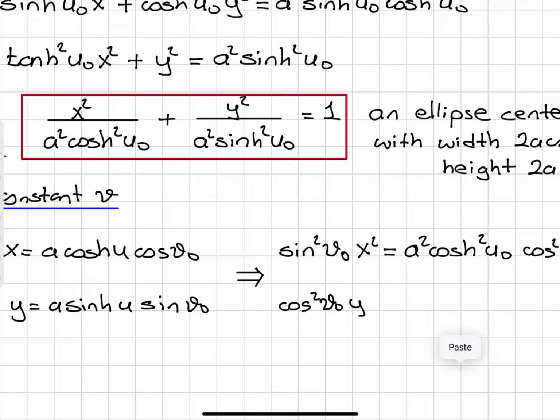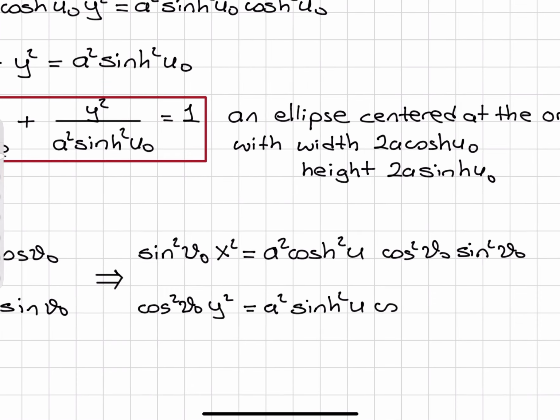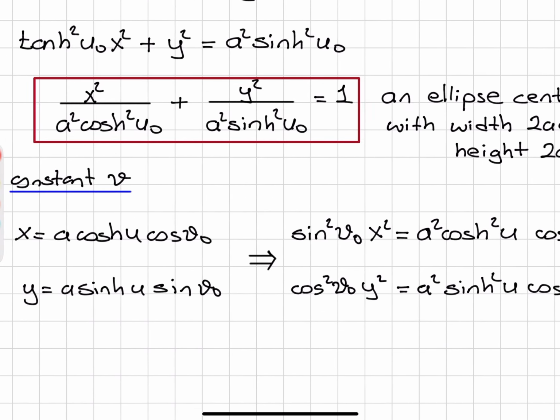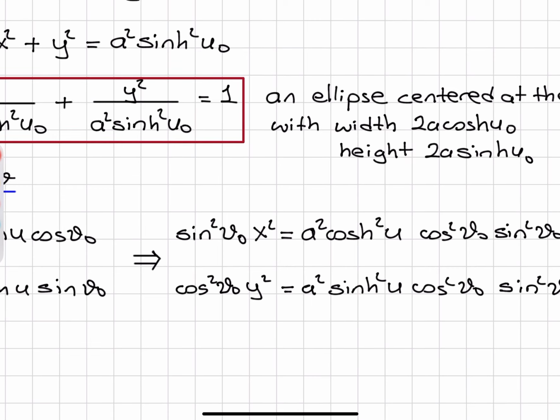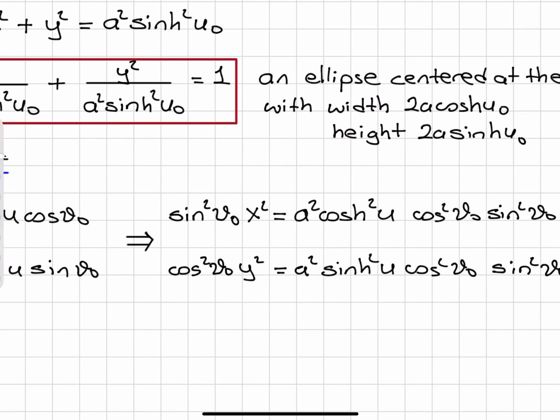So cos square v0 y square is equal to a square sinh square u sin square v0 cos square v0. So sinh square, sin square was multiplied by cos square, so that's here. And now I'm going to subtract the second equation from the first equation.